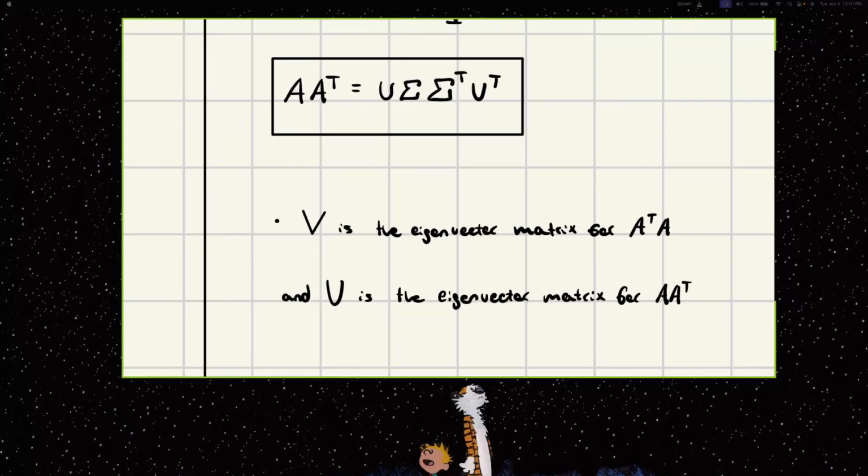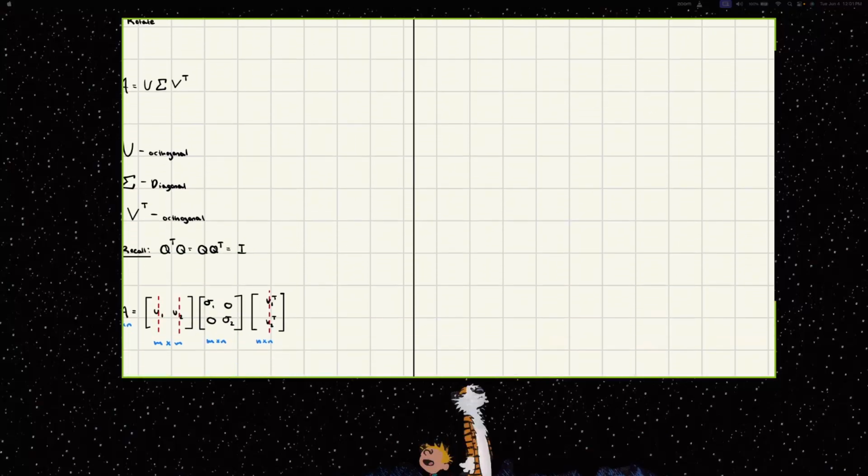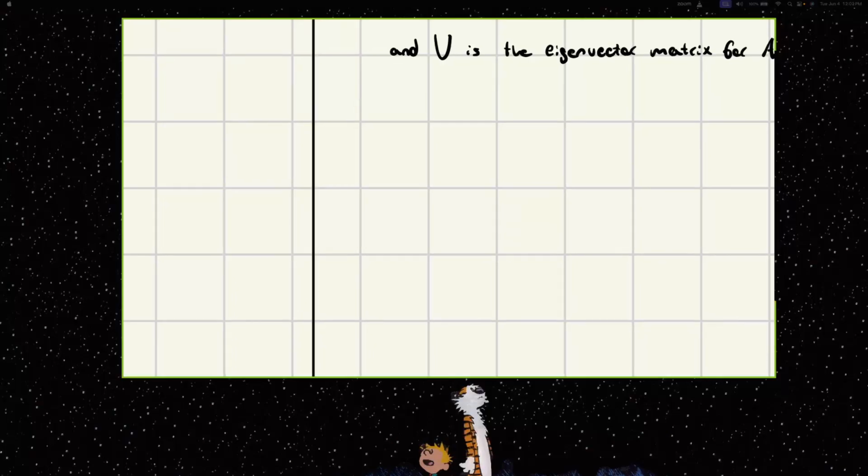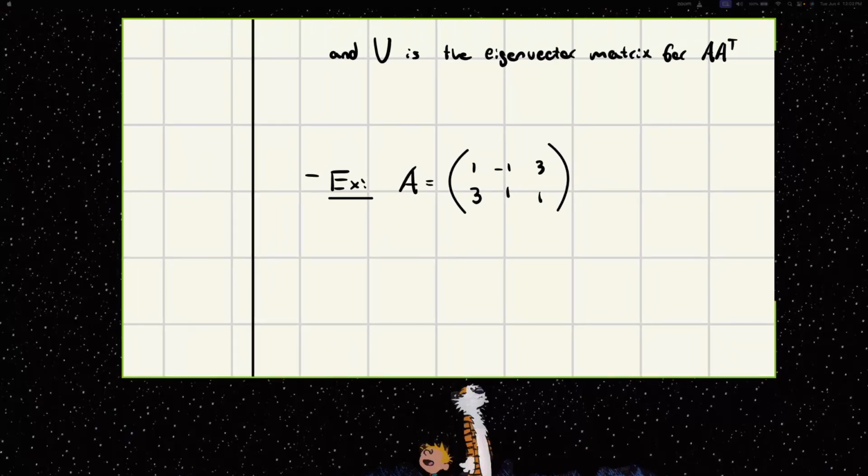So let's consider an example: a 2x3 rectangular matrix given by A, whose values are 1, 3, negative 1, 1, 3, 1. And we want to find the singular value decomposition for this.